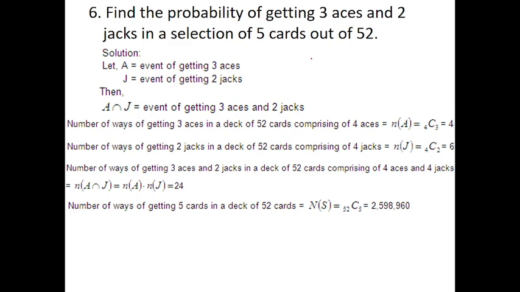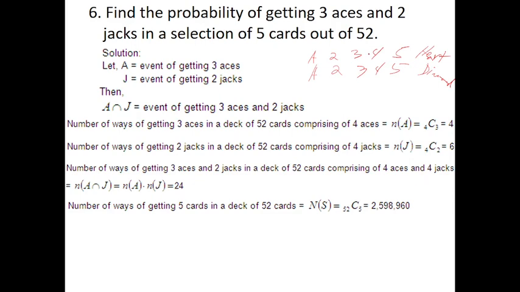Let's say, halimbawa, A2345, diba? Na puro heart. Isa lang yan out of 2,598,960. Diba? Ang dami yan. A2345 na puro diamond. Okay, ganyan.